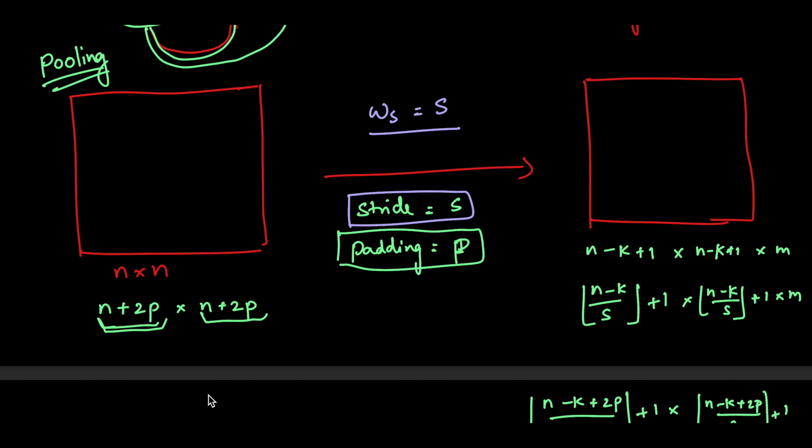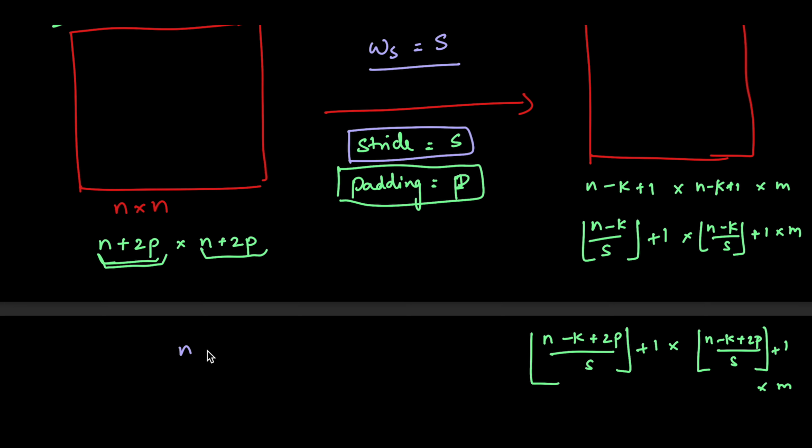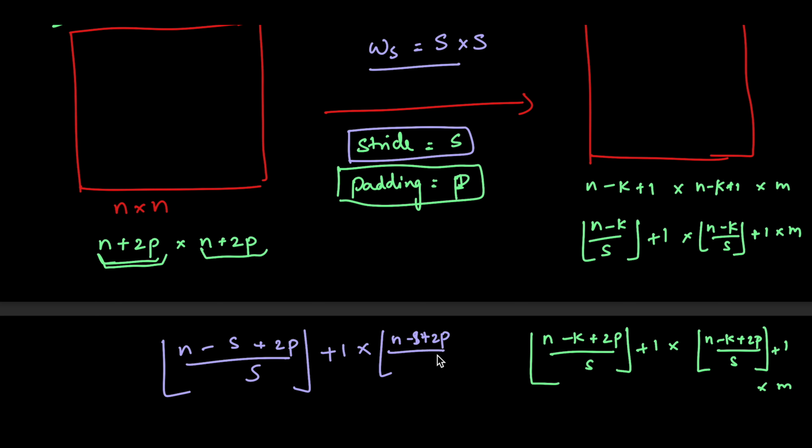So in that case, how will my output shape change? Instead of the kernel, we have the window size of s cross s, so instead of k, you need to replace it with s. So it will be (n minus s plus 2p) by s plus 1, and similarly (n minus s plus 2p) by s plus 1 cross m.